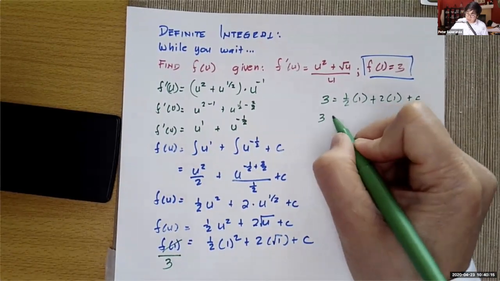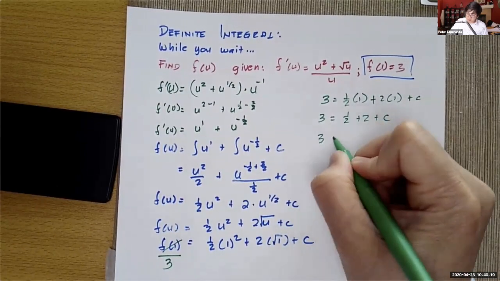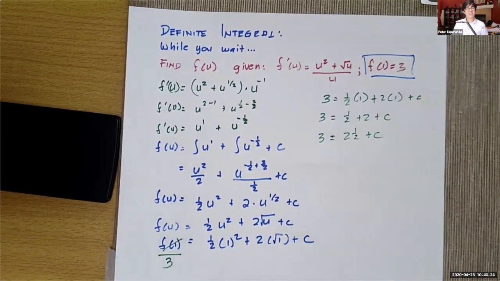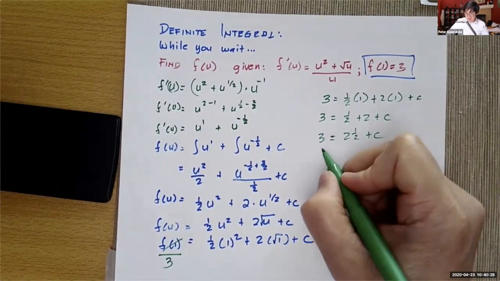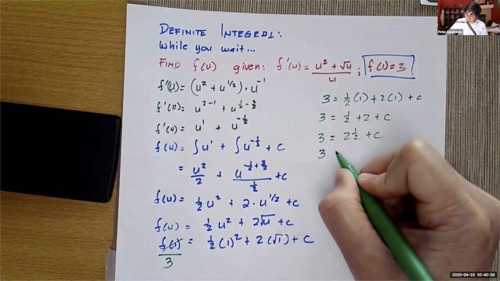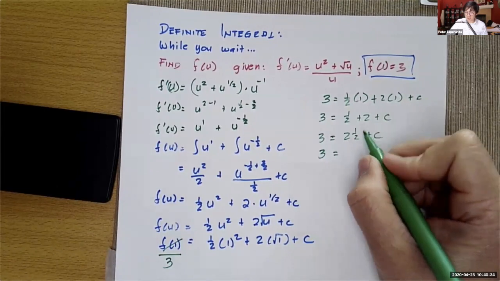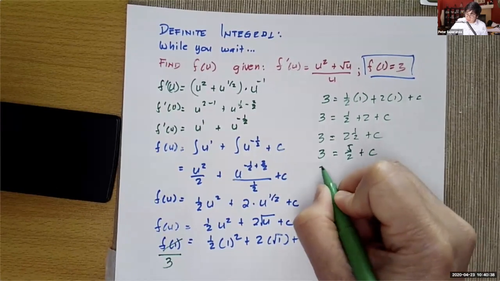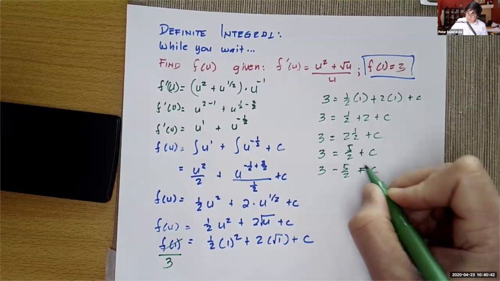So I have 3 equals 1/2 plus 2 plus c, which is 3 equal to 2 and 1/2, because 1/2 and 2 is 2.5. But since we want to use improper fractions, we have 3 equals 2 times 2 is 4, 4 plus 1 is 5, so 5 over 2 plus c. And we have 3 minus 5 all over 2 equal to c.